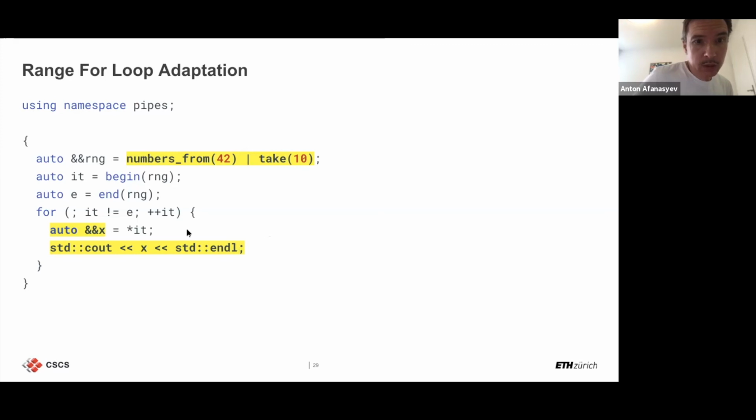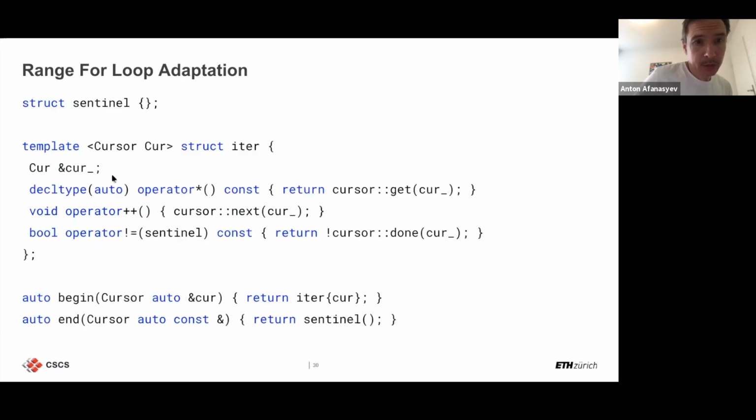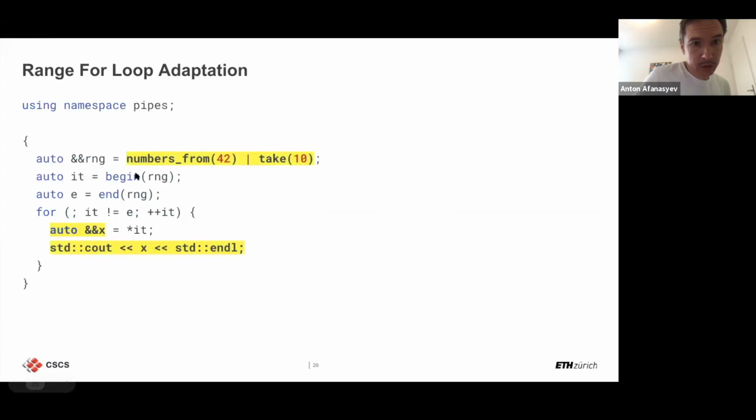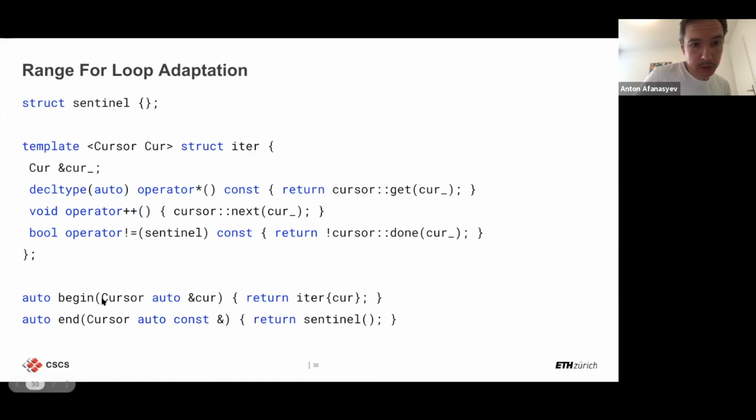To implement that syntax, we need to implement the missing parts. Let's do exactly that. So here first we want to have begin. Let's have begin for cursors, and it will return something that we call iterator.